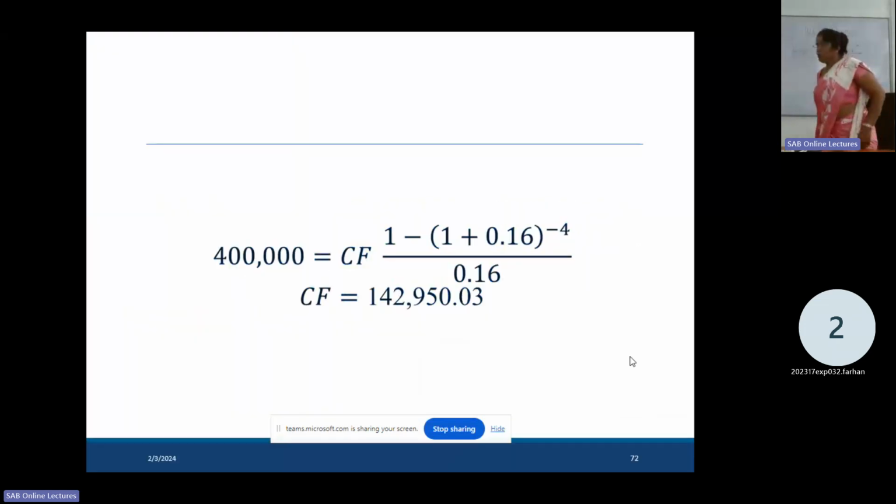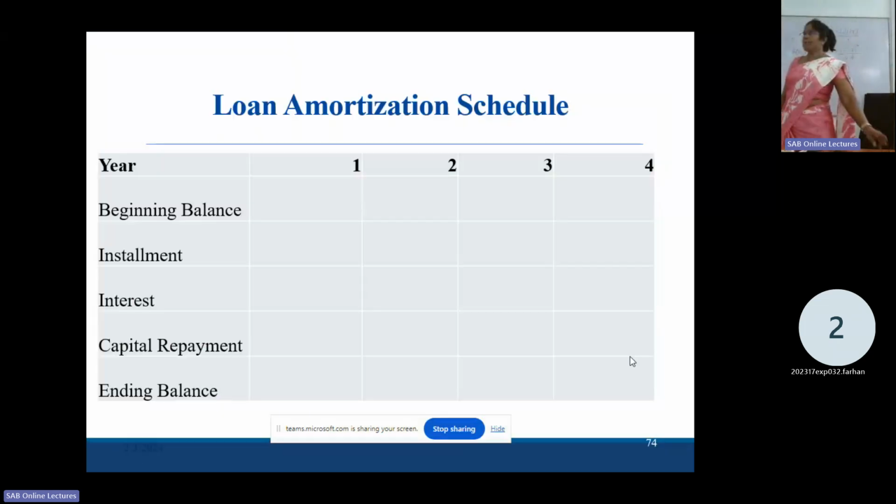So now we are going to prepare the amortization schedule. This is a 4-year loan, so your amortization schedule will look like this, and you need only 4 columns. If it is 30 years, you have to go with 30 columns.